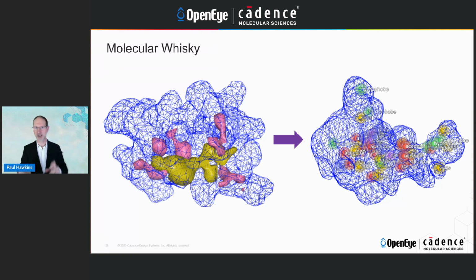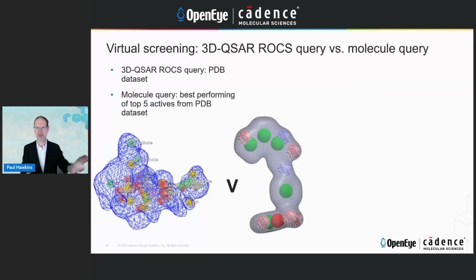Features are arranged in ways that can't be accessed all at the same time by a single accessible molecule, but they represent all the features that are contributing positively to the binding affinity that we're trying to model. So as a shape with a set of color features that's got this distilled set of knowledge in it, molecular whiskey, I'm going to call it, we can consume this set of color features embedded in a shape directly in ROCS as a virtual screening query.